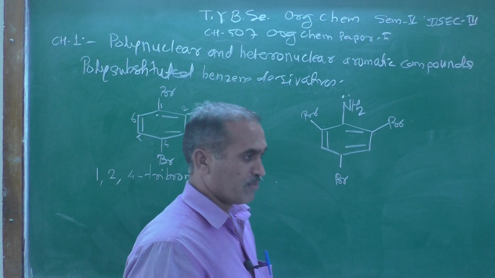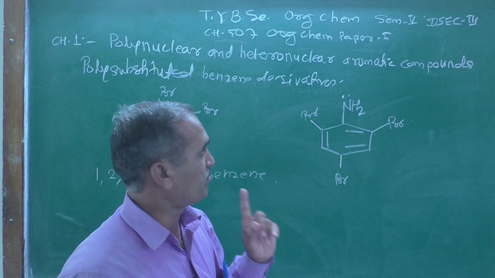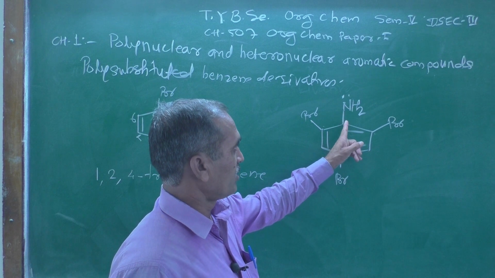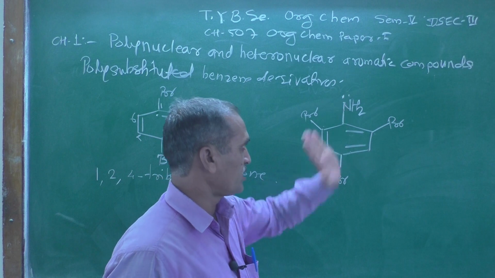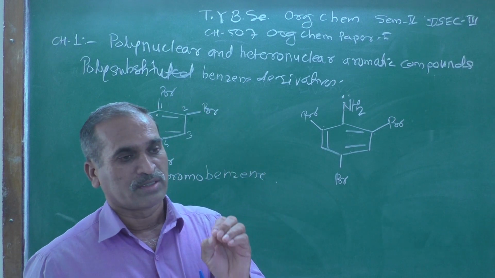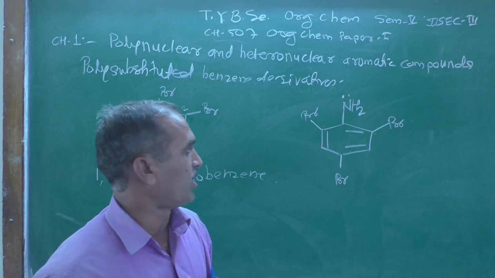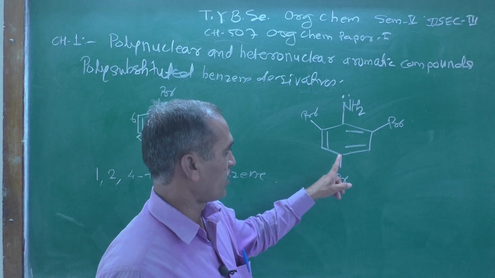Now the numbering, from here you can start the numbering. Either this side or that side, this molecule is a symmetrical molecule. You cannot start the numbering from here.